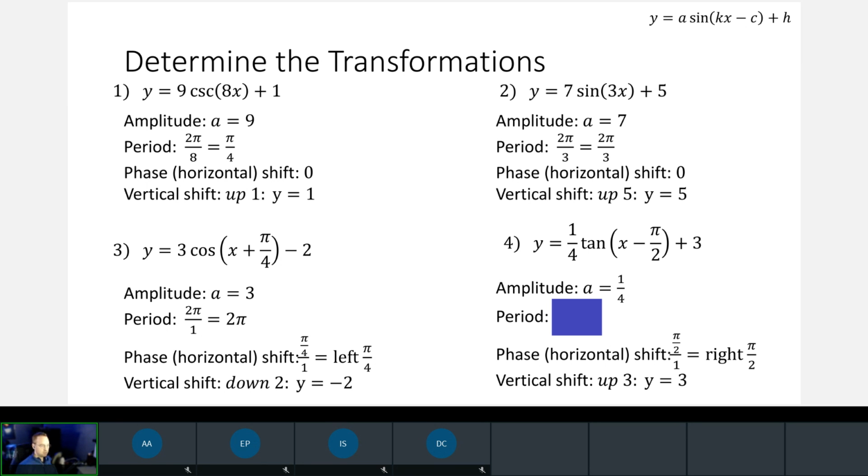Yeah, and I think Antonio, I think you should use those formulas to find your period, but you have to know which one to use and when. Yep, Julia, you are correct. Yeah, the period is pi. So all the trig functions have a period of 2 pi for the parent functions, except tangent and cotangent. Those have a period of just pi.